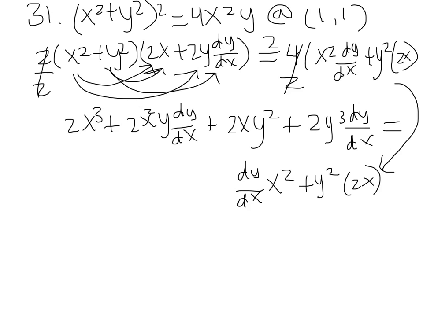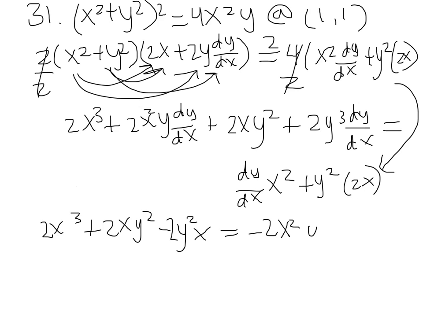So after we combine like terms and subtract on the other side, once we subtract all the dy/dx's over and the positive x's, we should get a 2x cubed plus 2xy squared minus 2y squared x equals negative 2x squared y dy/dx.